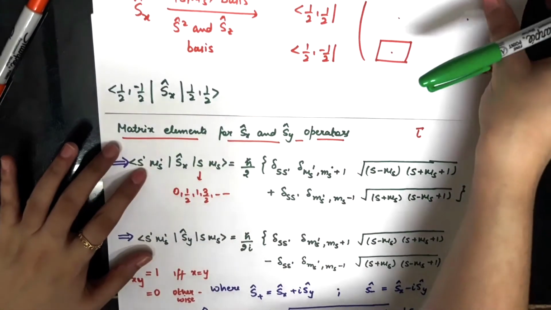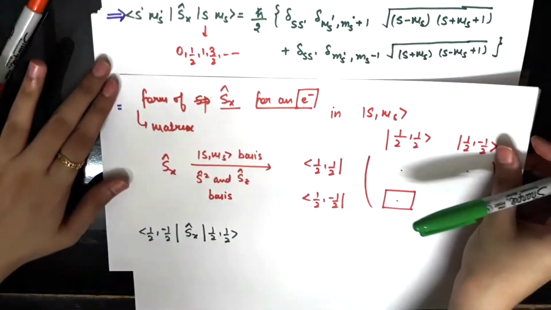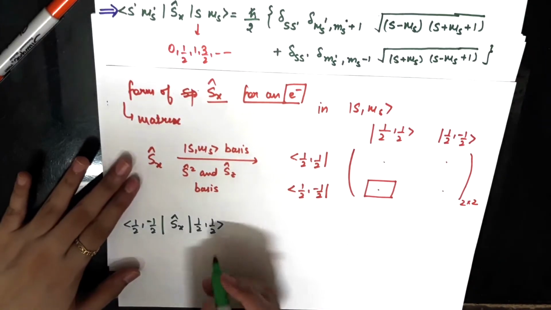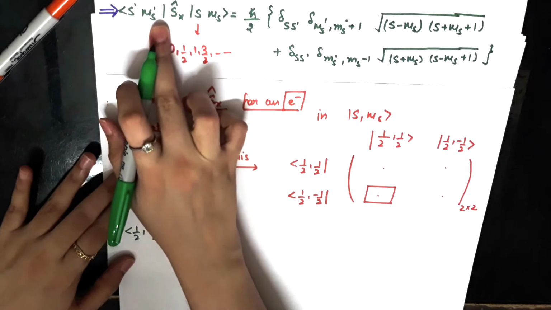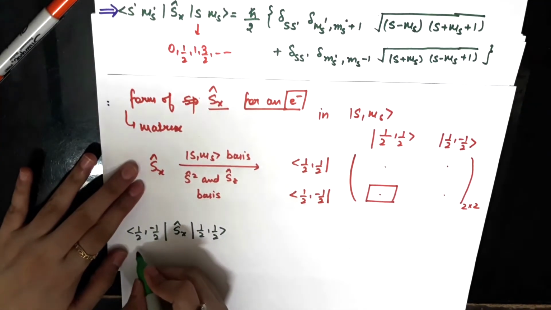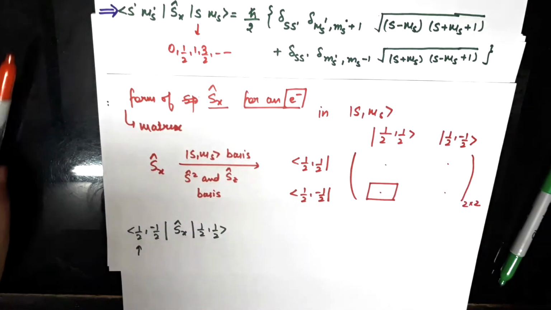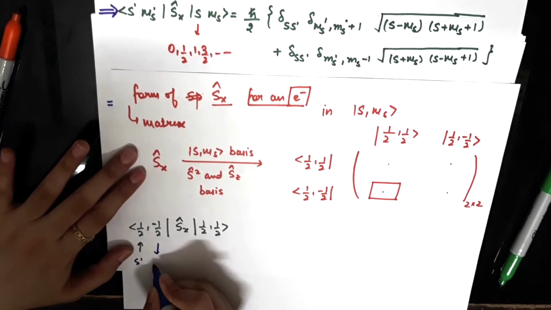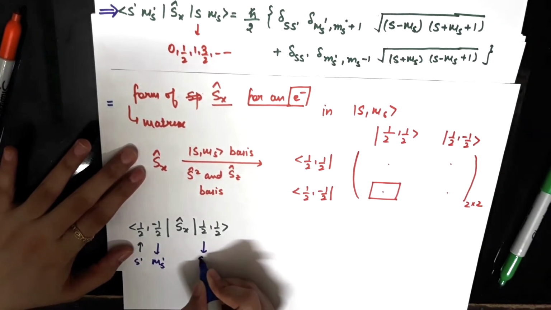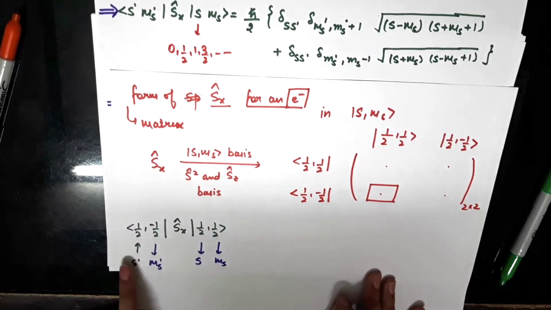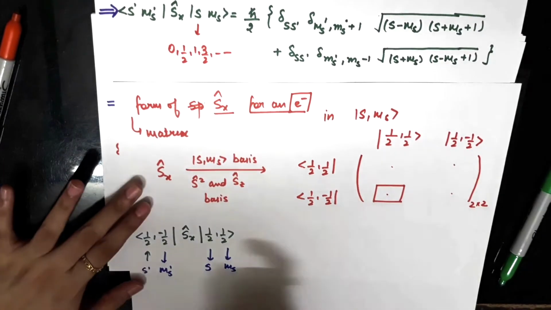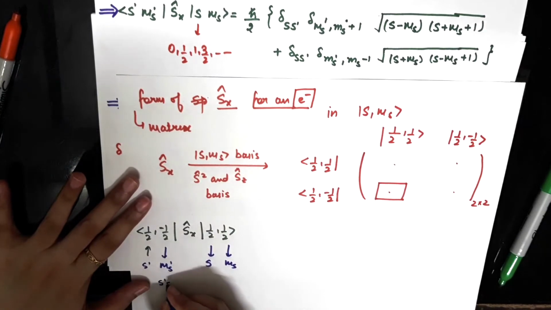If I start comparing it here, I can see that for my case, this is S prime, this is MS prime, this is S, and this is MS. For my case, S prime is always equal to S, which is equal to half.